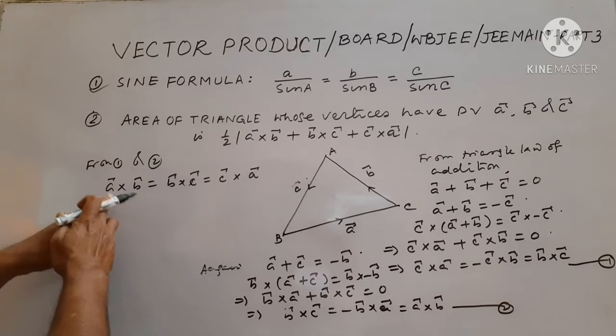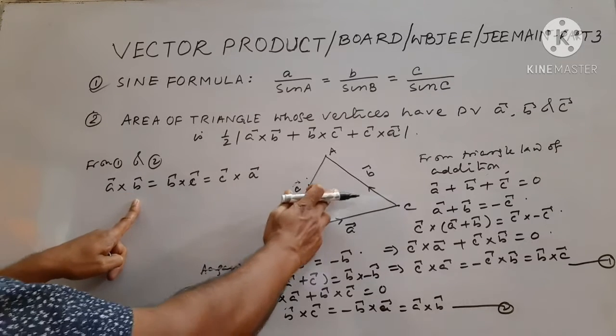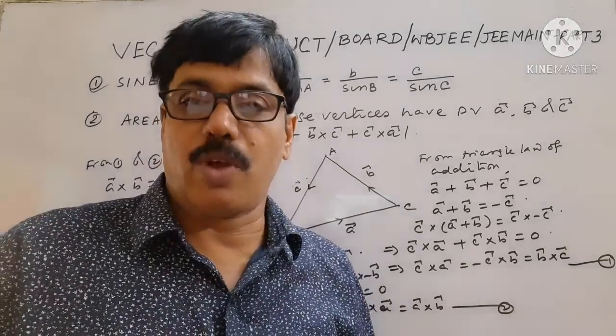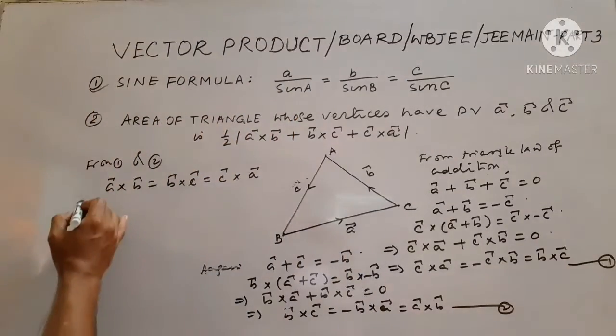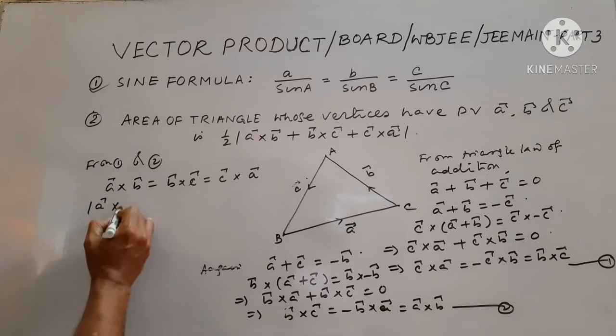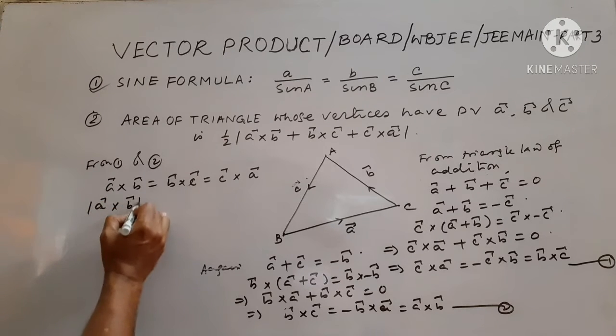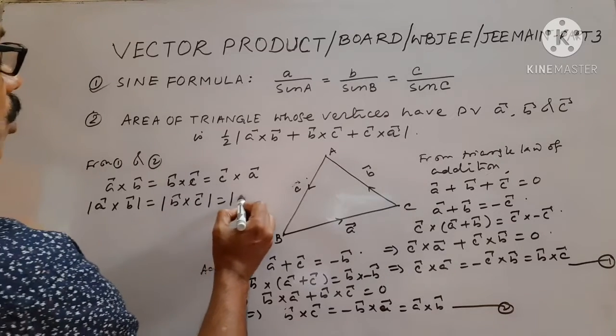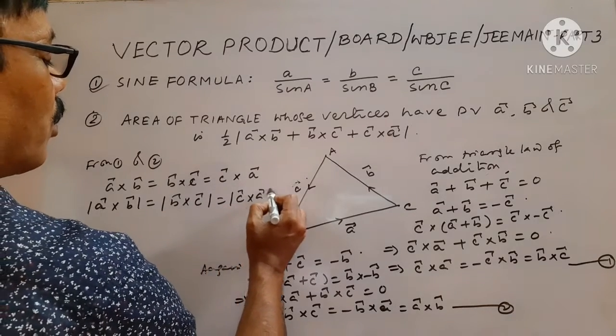So if we take mod A, mod B, and the angle between A and B, then you need a unit vector. So to avoid the unit vector, we take the modulus of A cross B, modulus of B cross C, modulus of C cross A.